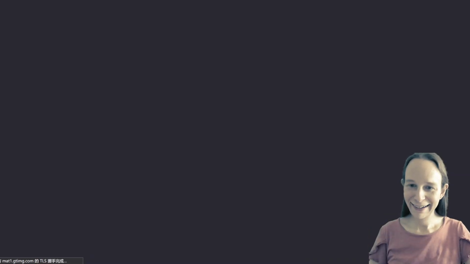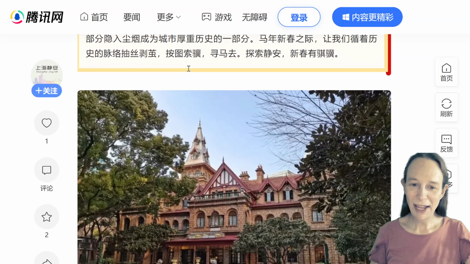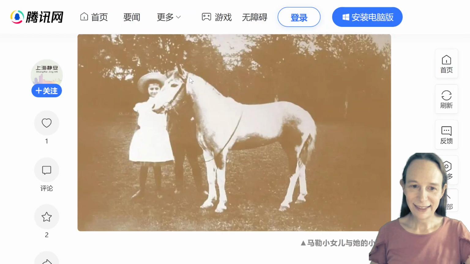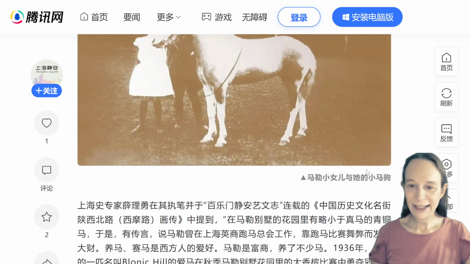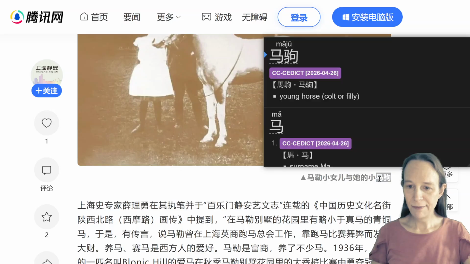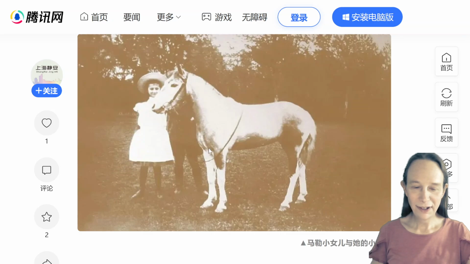Ma le 别墅, bridal mansion. All right. So it's named after Ma le 小女孩. Yeah, 小女儿, 与她的小麻驹, colt. 小麻驹. All right.